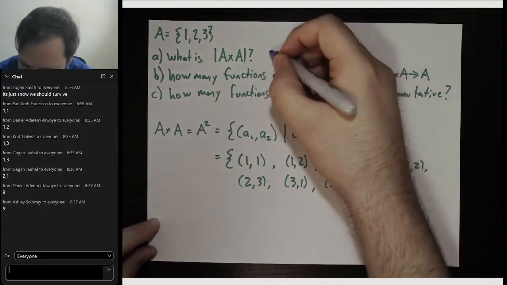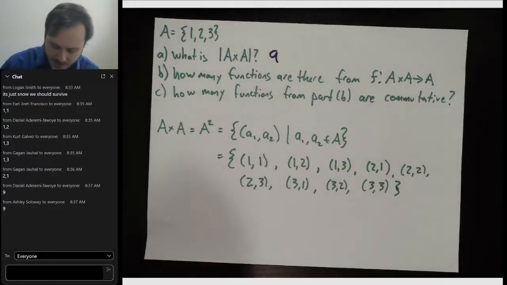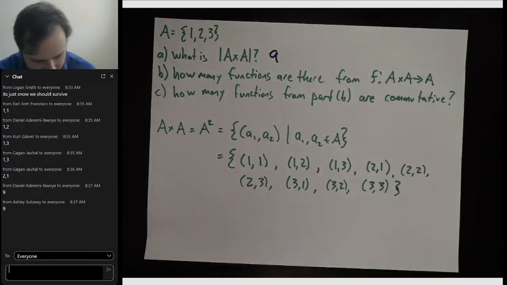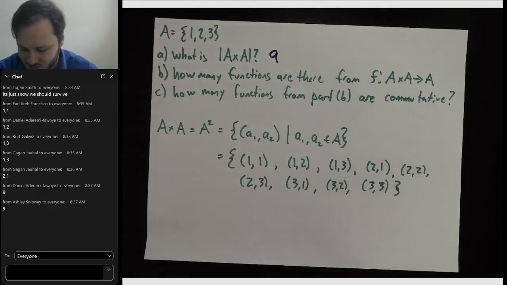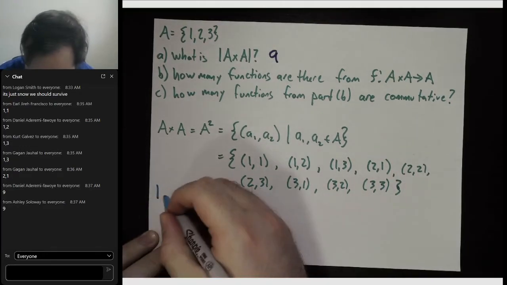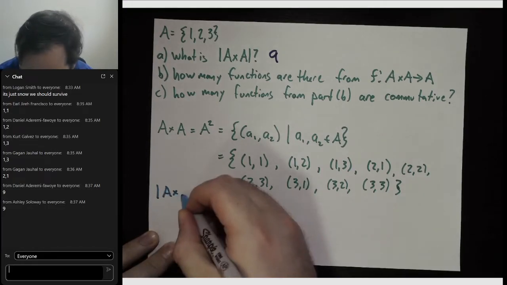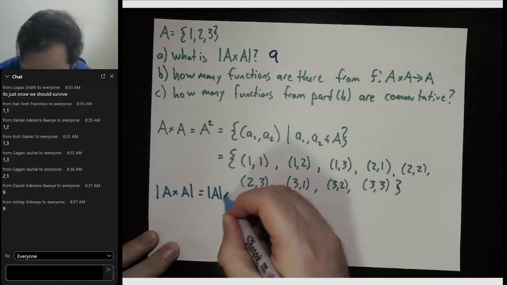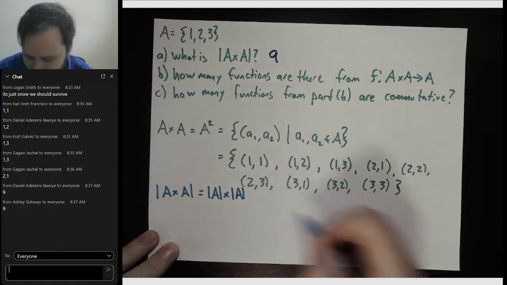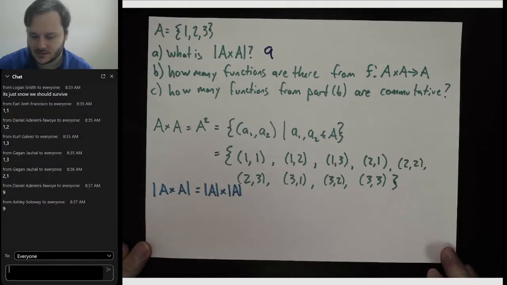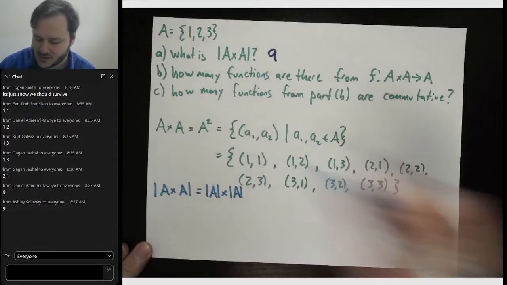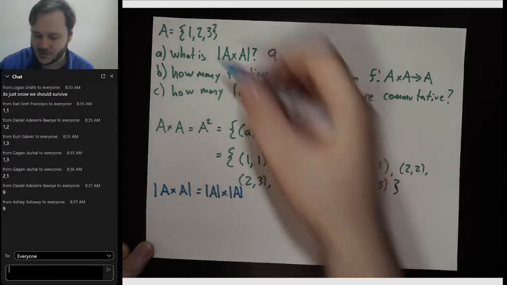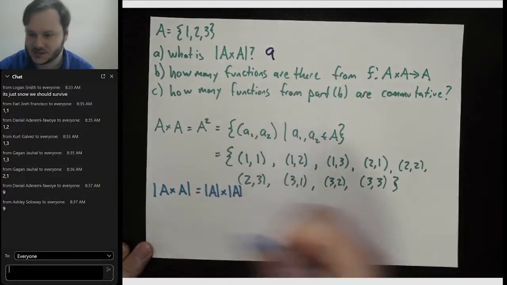There they are. And satisfyingly, mathematicians love writing down statements like this. The size of A cross A is equal to the size of A times the size of A. There are 9 elements in A cross A. There are 3 elements in A. 3 times 3 is 9.